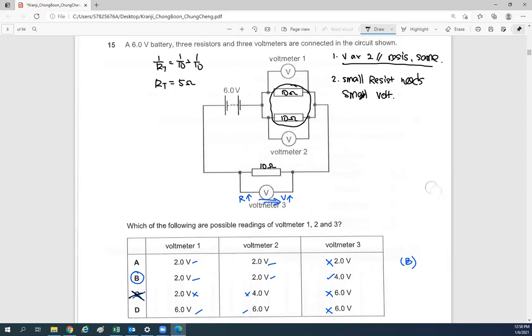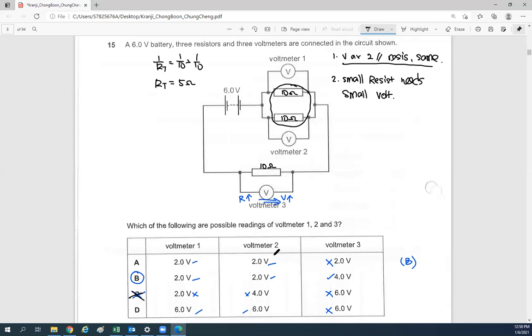If this total resistance is smaller than this one, remember this is 5, this is 10, it means the voltage for voltmeter 1 and voltmeter 2 must be smaller than the voltage from voltmeter 3. A bigger resistance means a bigger voltage.